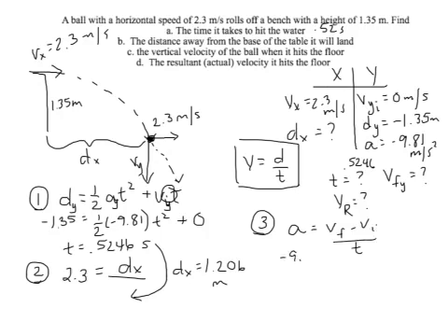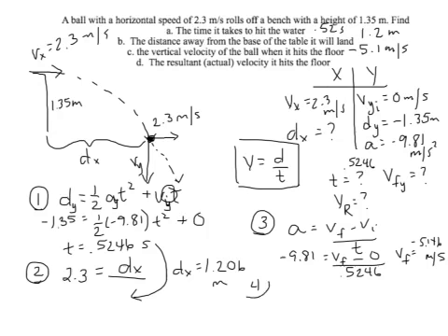I know acceleration is negative 9.81, equal to the final velocity I'm looking for, minus the initial of 0, divided by the time, and make sure it's not the rounded time, 0.5246. When I solve for final velocity, I get a negative number, which makes perfect sense because it's falling, and I get negative 5.146 meters per second. With sig figs, that answer would be negative 5.1 meters per second. The previous question, letter B, the displacement would be 1.2 meters with sig figs.